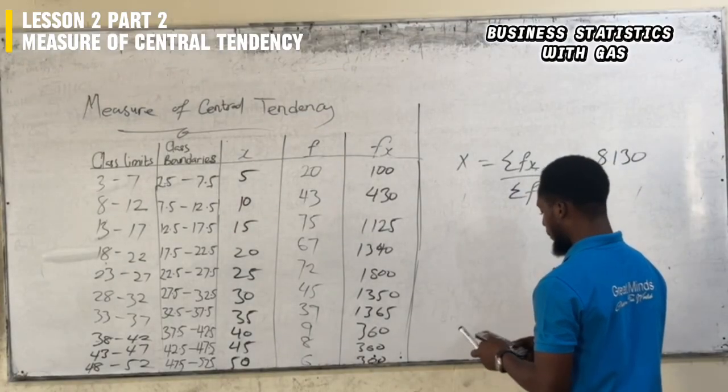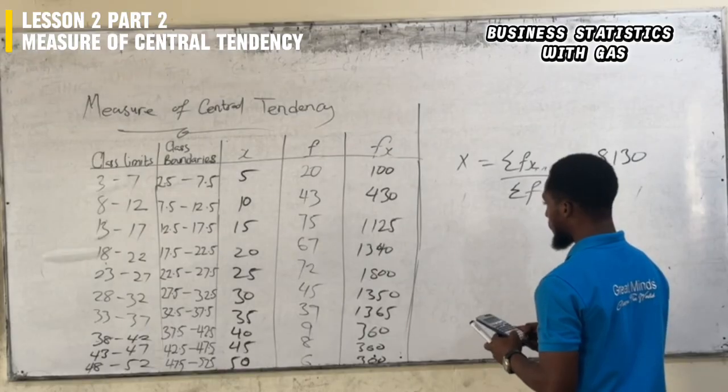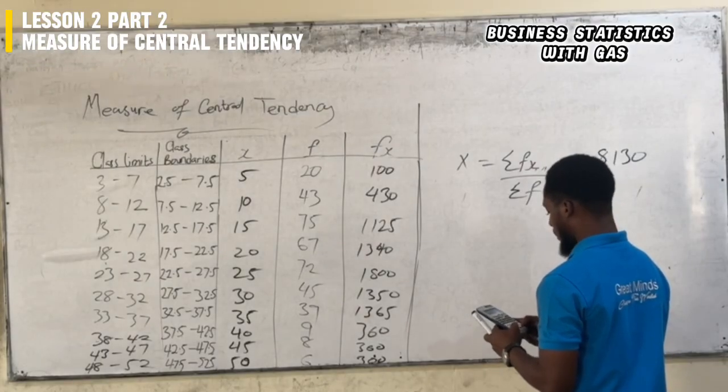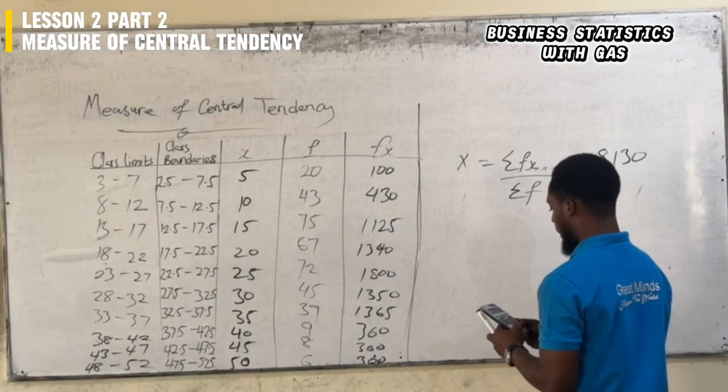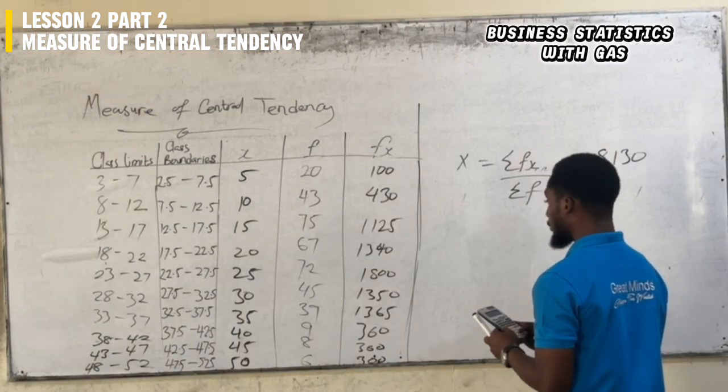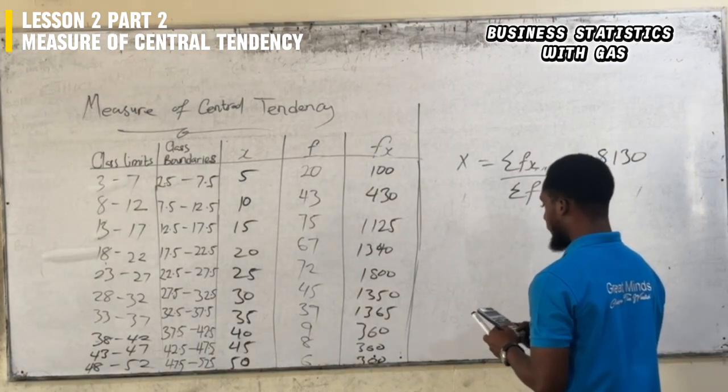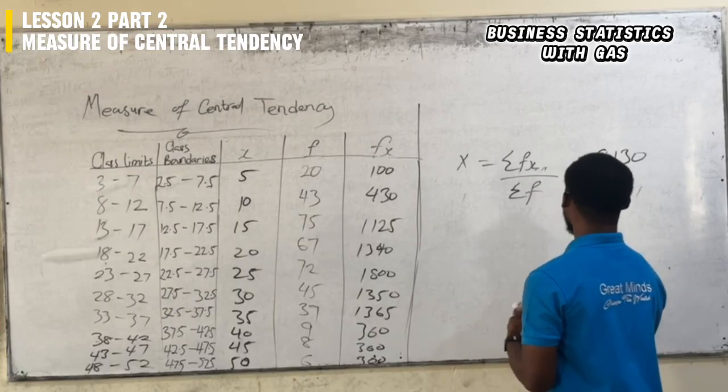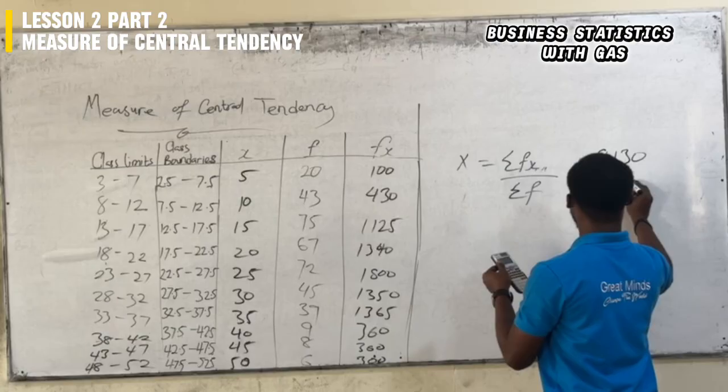So now let's compute our sigma f, which is 20 plus 43 plus 75 plus 67 plus 72 plus 45 plus 39 plus 9 plus 8 plus 6, and we are getting 384.